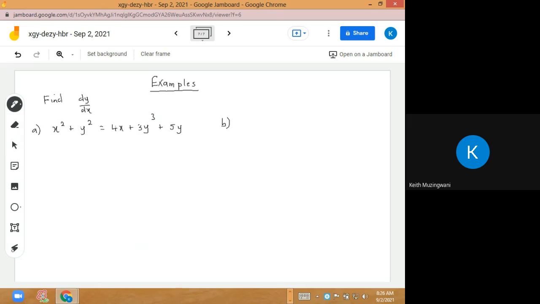And B, negative x squared plus y squared is equal to 1.